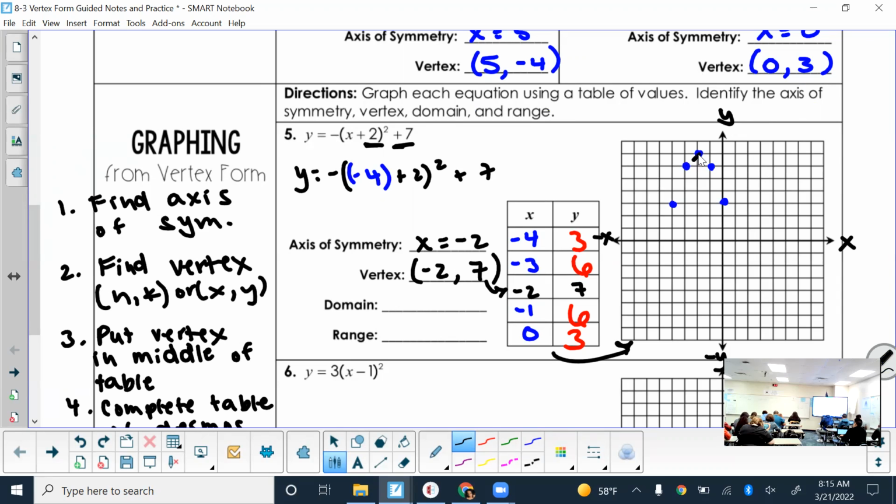All right, and then that's what your points should look like before you connect them to your nice U-shaped parabola.